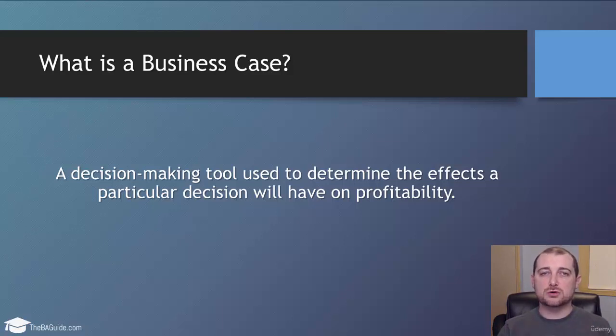A business case is used to identify and highlight problems or opportunities that a business can take, and then the different options they have and the recommended solution by the person that's creating the business case. Ultimately, it's the driver of projects. Many companies will start projects solely from business cases that are written.